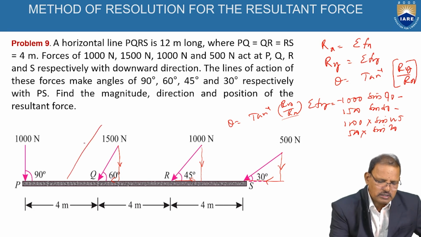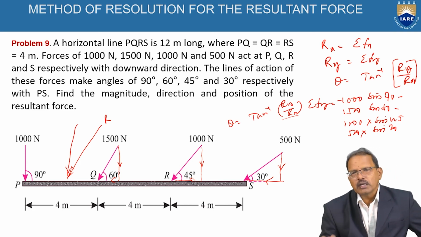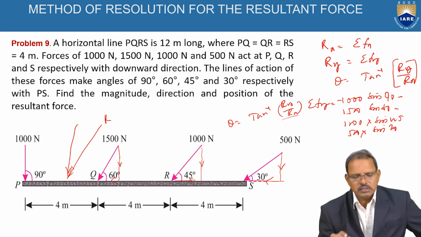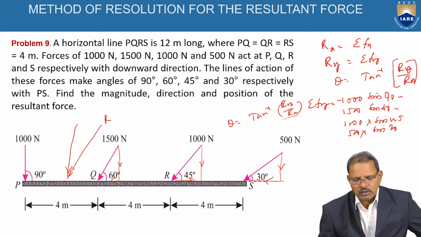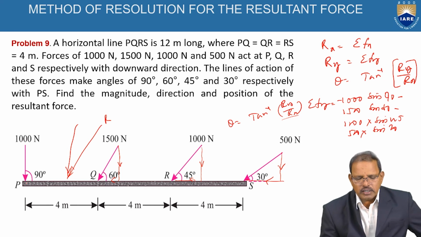Here, assume just the resultant force is acting. The vertical component of the resultant force is there. That is, the moment created by the vertical component of the resultant force at P is equal to R into x. It should be equal to 1000 into 0. The second one is 1500 into sine 60 degrees, that is the vertical component, into 4, and the 1000 force, vertical component we are taking, that is sine 45, the distance is 8.